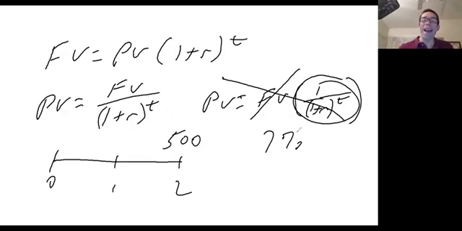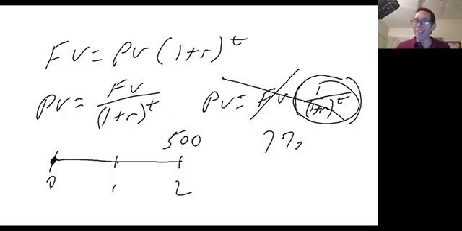So the question is, how much money do I need today so that it will grow and become $500 in 2 years? In other words, what's the present value so that it will grow at 7% for 1 year, and then that number will grow at 7% for a second year and turn into exactly $500?